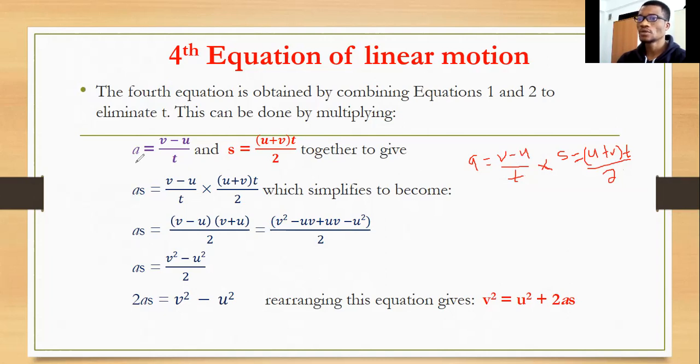So we multiply the two, so we have a times s, we have as, and then we have v minus u over t times u plus v in brackets, then we have our t here multiplied by t divided by 2. When we simplify, it becomes this.